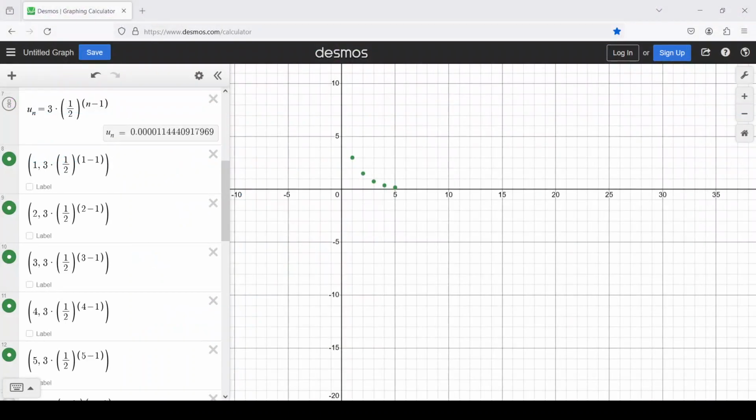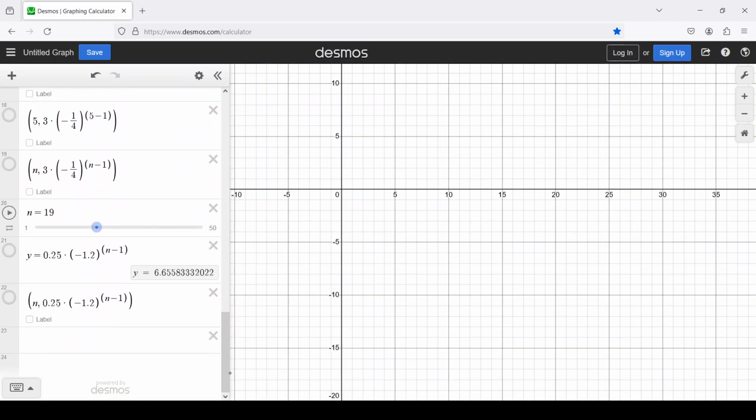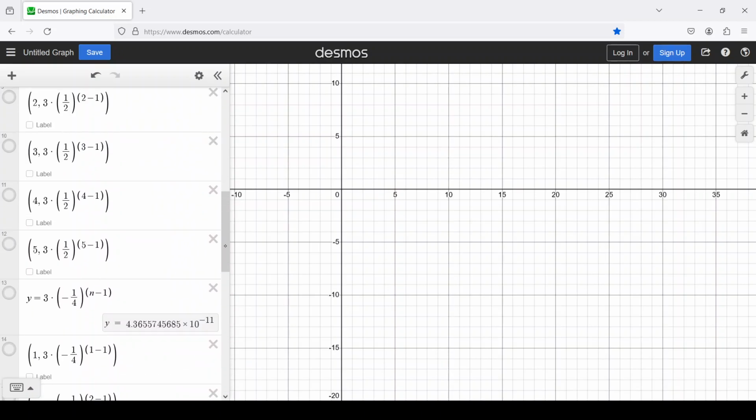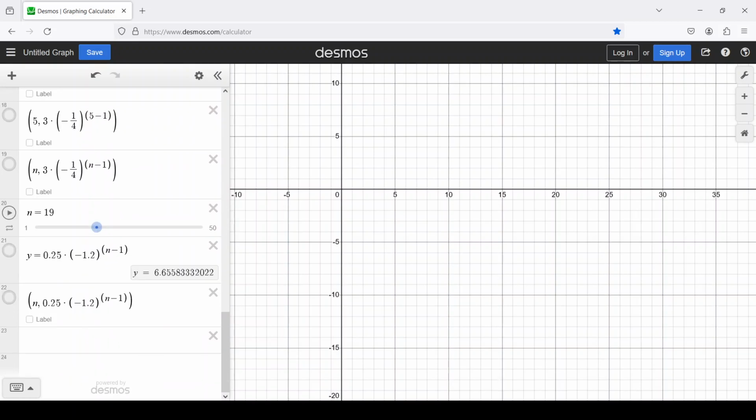Well, let's take a look at an example like this. Here again, I have a negative base. Okay, I took negative 1.2. That is less than negative 1.